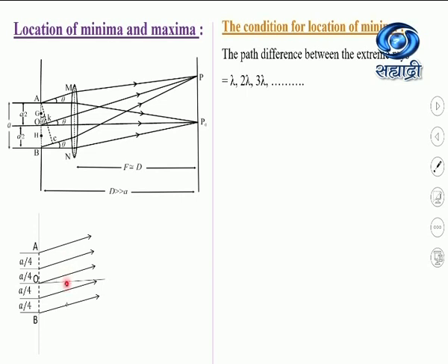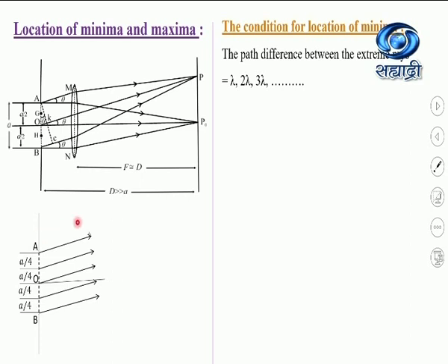And a similar case happens in the other two parts. So all the extreme rays from different parts will have the path difference equal to lambda by 2 when they arrive at a certain point on the screen, and therefore they interfere destructively at that point, and therefore the point obtained on the screen is the dark point, or a dark fringe is seen in the surrounding region of the point.